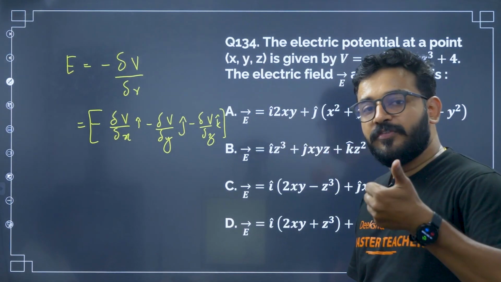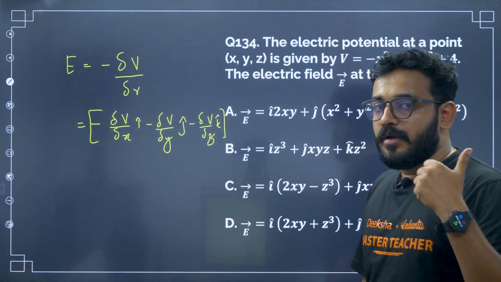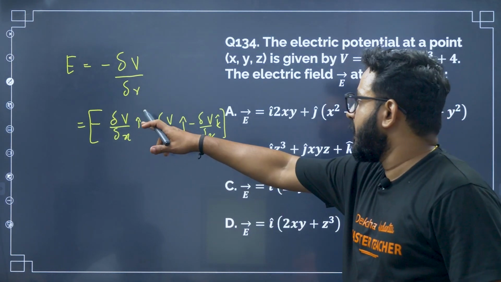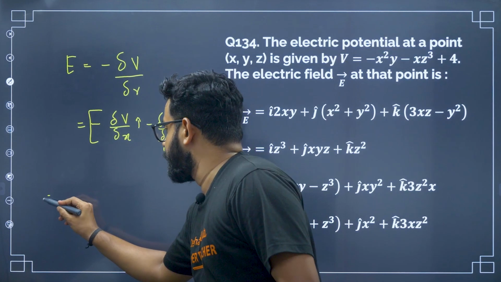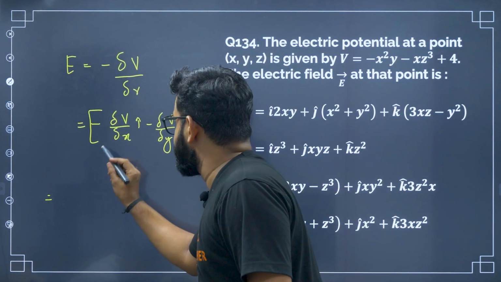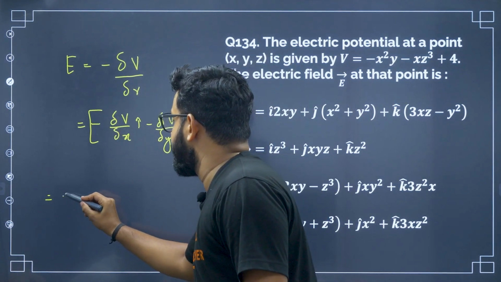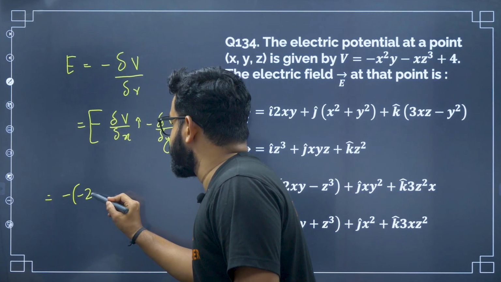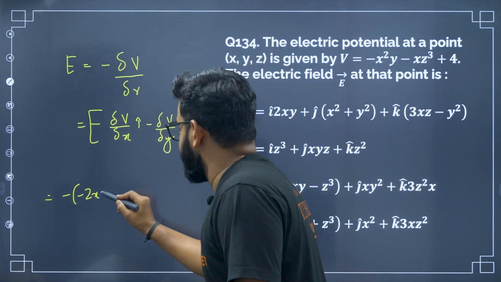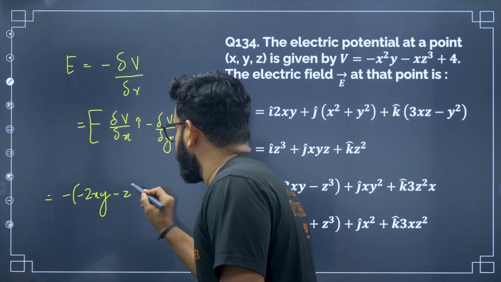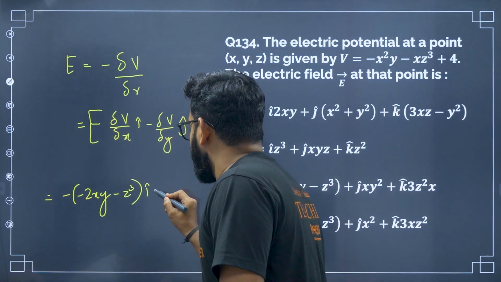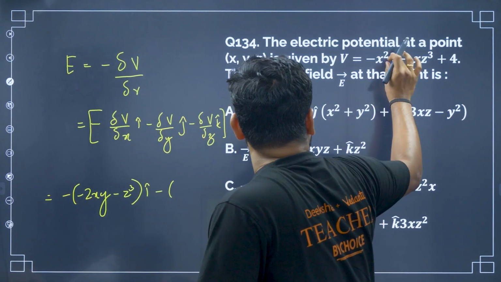Partial differentiation means you differentiate only that particular variable. For example, in the entire function, just differentiate only x. So what will you get? Minus of minus 2xy, this is minus 2xy, and if you differentiate here, you will get minus z cube. This is i cap.